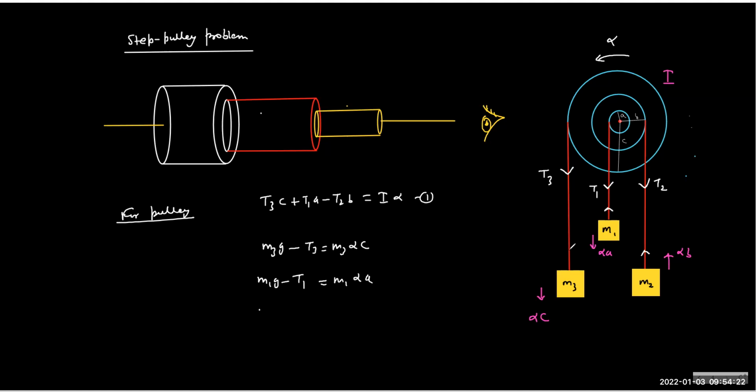Yes, sir. T2 minus M2 g equals M2 alpha B. So what you can do is substitute T1, T2, T3. Find T1 from this, T2 from this, T3 from here, put in equation 1 and solve, and you get the answer for alpha. And it's done.